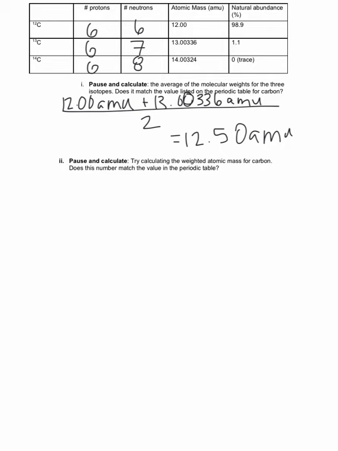So what we'll do is we will take the atomic mass of one isotope, so we'll say isotope A, and we will multiply it by the natural abundance, and then we'll add it to the atomic mass of isotope Y times the natural abundance of isotope Y, and that will give us the average atomic mass.